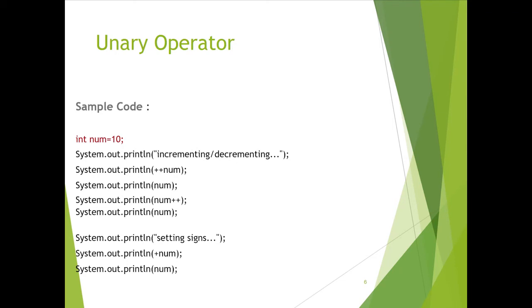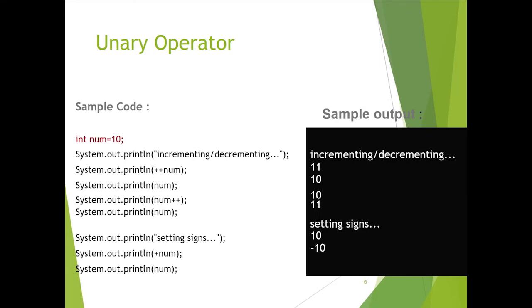Okay, so for example, the output here is going to be, as you can see, 11, 10, 10, 11. So for the post-increment, it will not show immediately what the change was.